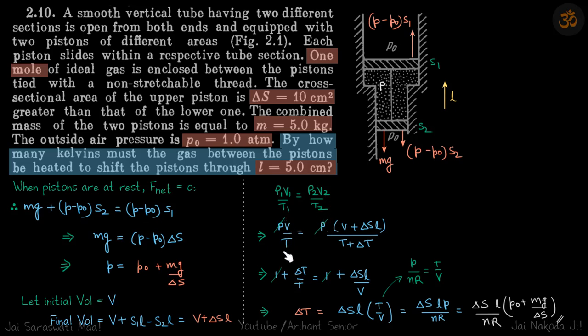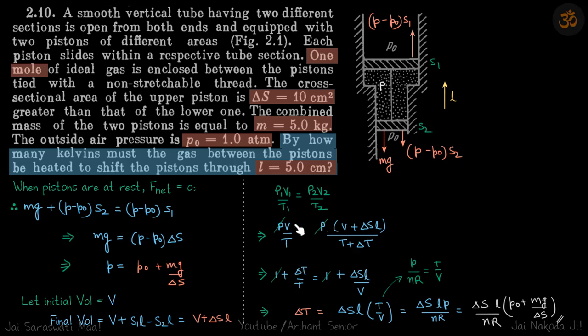So if we take the initial temperature as T, we can take the final temperature as T plus delta T. We need to find delta T. But we still don't know the T. Don't worry about it, just start solving, because we know that the initial temperature T we can always find, because we know the initial pressure P. So let's just hang around and try to solve this.